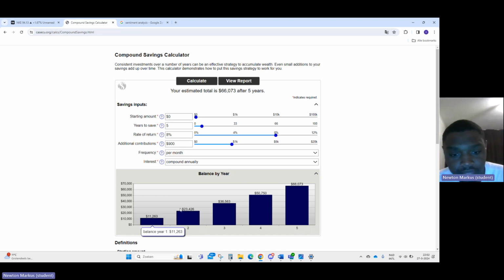So in year two, you would have the initial investment and the interest of year one, with the interest and the investment in year two. So every year you invest money, and the interest is calculated on that investment.